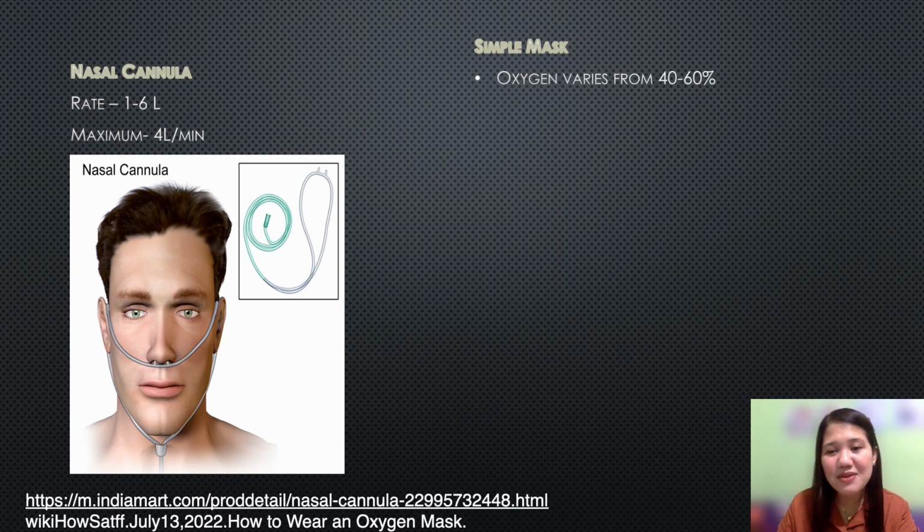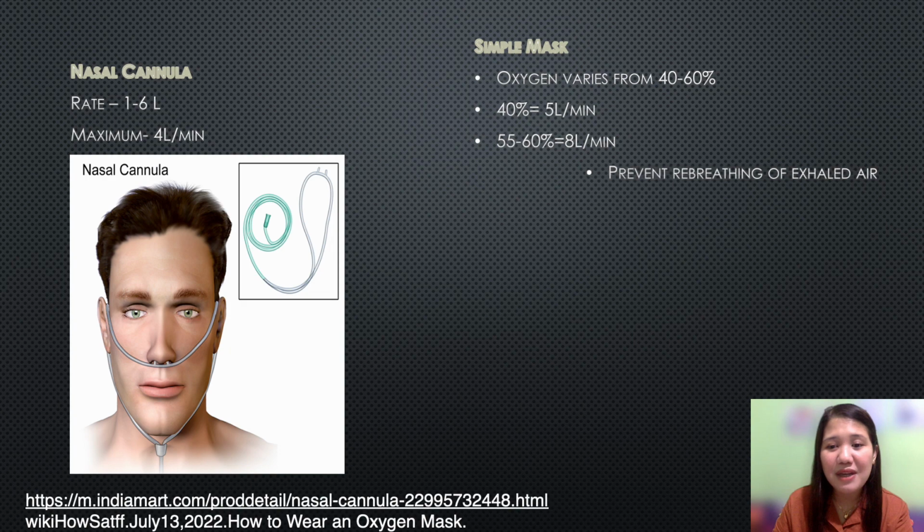A simple mask contains holes on the sides to let exhaled air through and to prevent suffocation in case of a blockage. The oxygen can range between 40 to 60%, wherein 40% is equal to 5 liters per minute, or 50 to 60% which is equal to 8 liters per minute. This mode is delivered temporarily when there is a rapid change in the patient's oxygenation status.